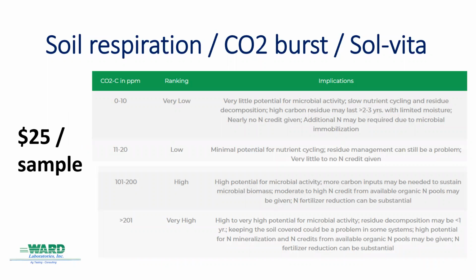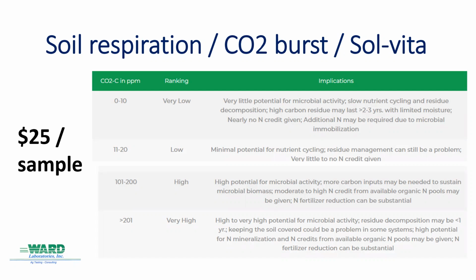The more crude but less expensive test is called soil respiration. It's also known by other names like a CO2 burst or flush, or Solvita. They're all kind of the same thing. Basically, you take a soil sample, you dry it, and then you wet it. For 24 hours after you wet it, you measure the CO2 that's released.